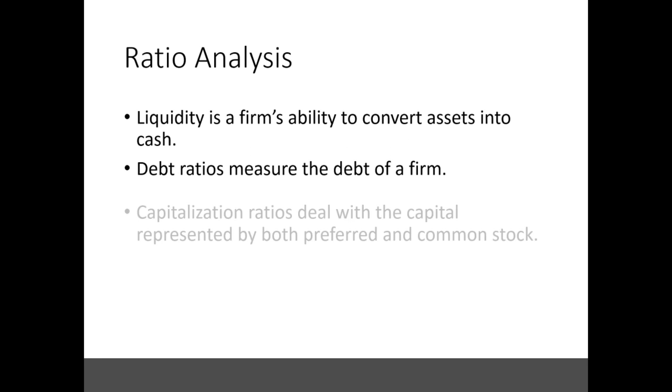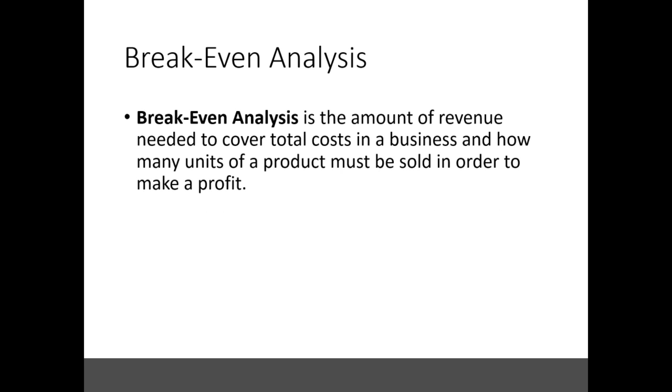I'm going to skip ratio analysis because it's not something that would be important here, but there's something called a break-even analysis, and that's the amount of revenue needed to cover the total cost in the business and how many units of a product must be sold in order to make a profit. So let's say you sell hams and you have 40 hams in the freezer, and you know to break even you've got to sell 20 hams.